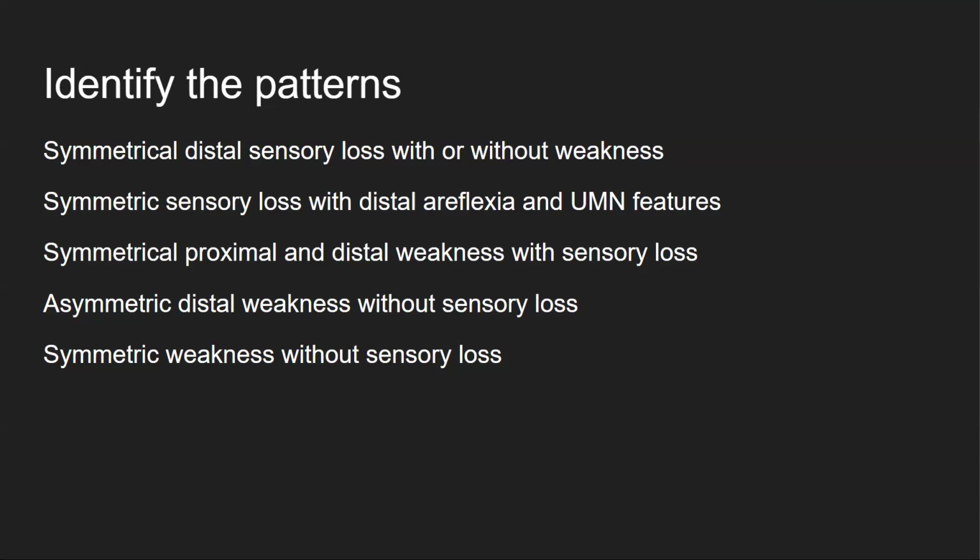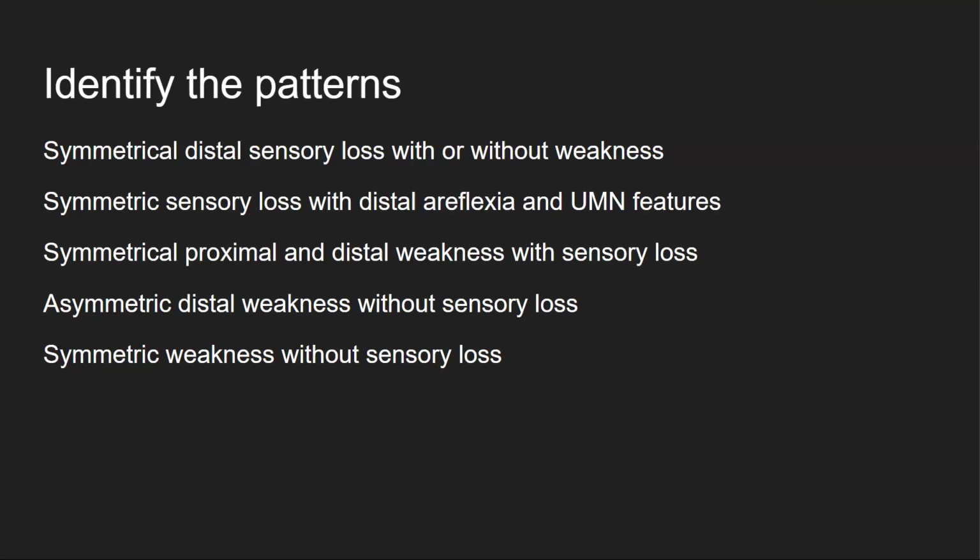Now the second scenario: symmetrical sensory loss with distal areflexia and UMN features. Symmetrical sensory loss with absent ankle reflex, which is distal areflexia, and UMN feature means extensor plantar. What is this?